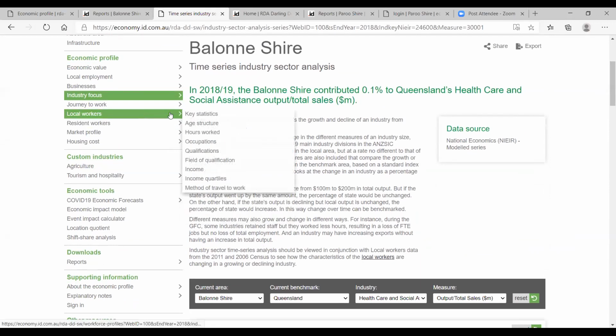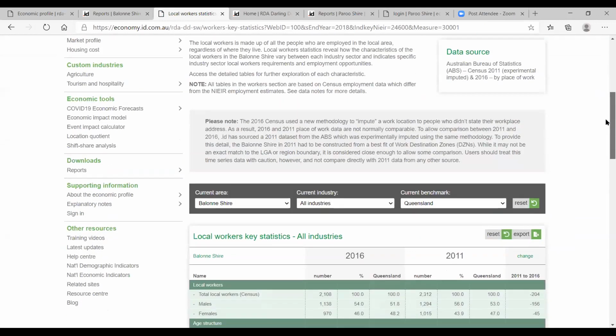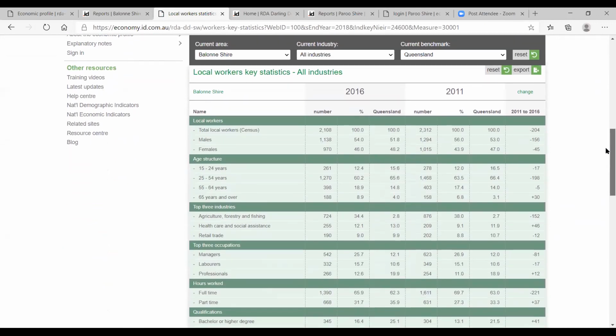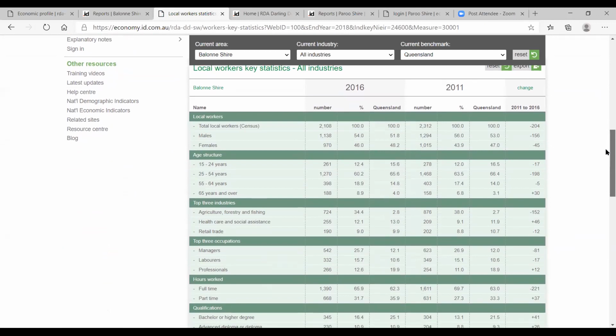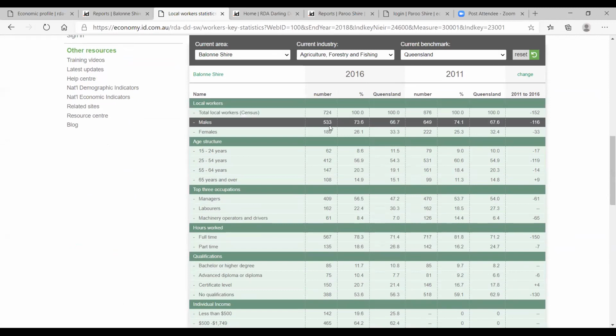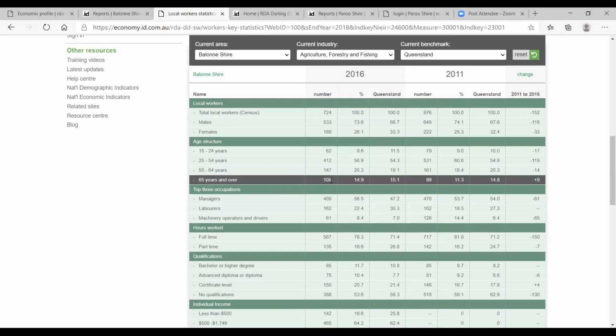The next one we've got is our local and resident workers. So you can get key statistics for your local workforce. So we can work out how old our workforce is. So we've got here, this is our local workers key statistics. So we can see if I choose, for example, ag, forestry and fishing, it will talk to me about how many males we have working in the sector compared to females, how old our workforce is.